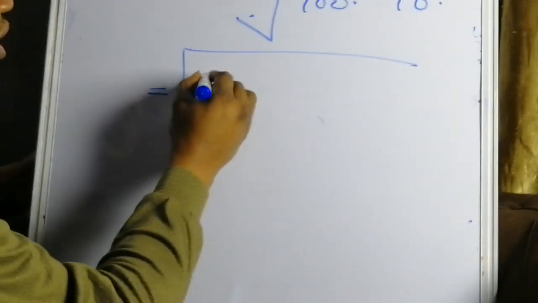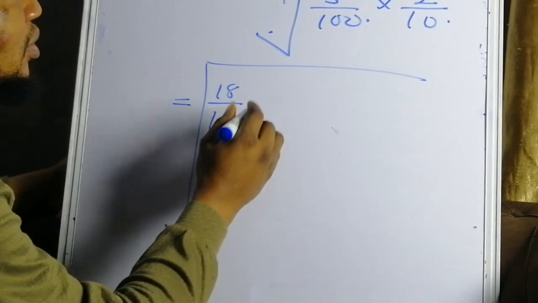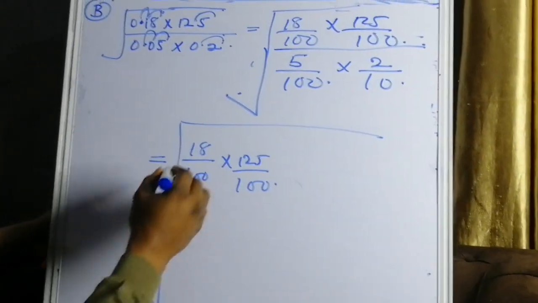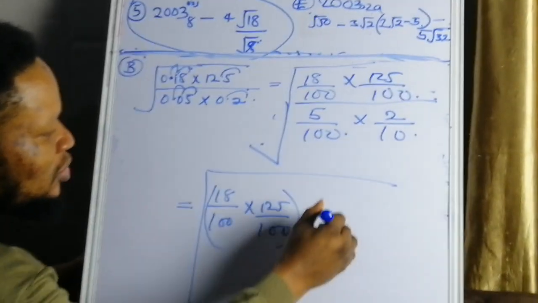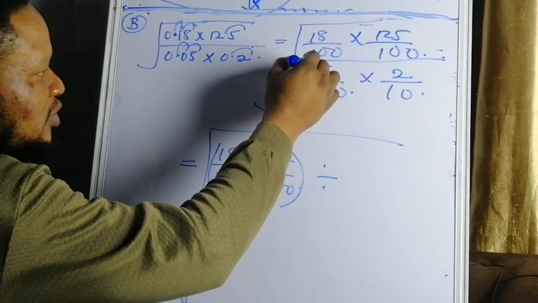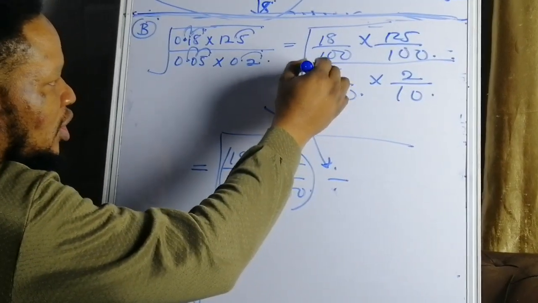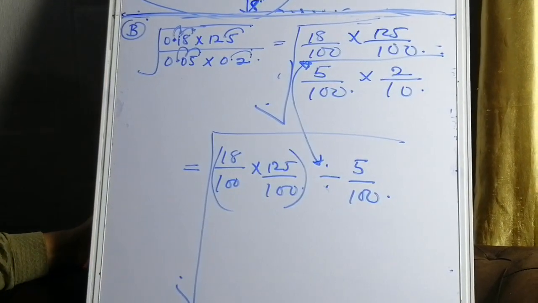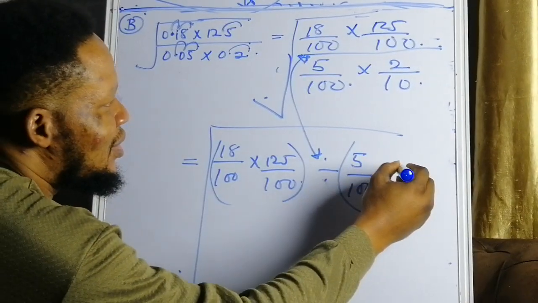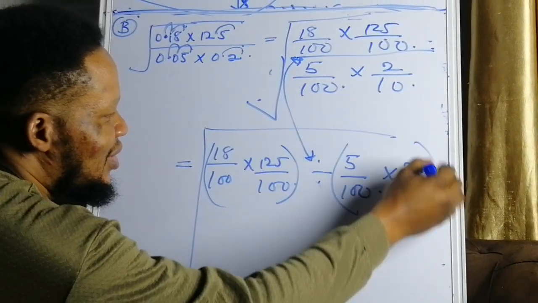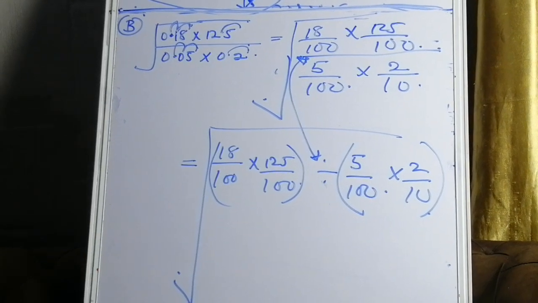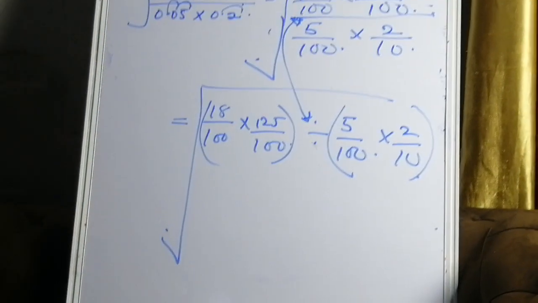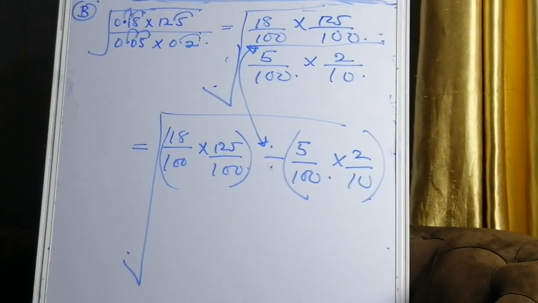So we have 18 over 100 times 125 over 100, all divided by, this division here I'm changing to this one, 5 over 100 times 2 over 10. If you look at this very well, there's something I can do here.